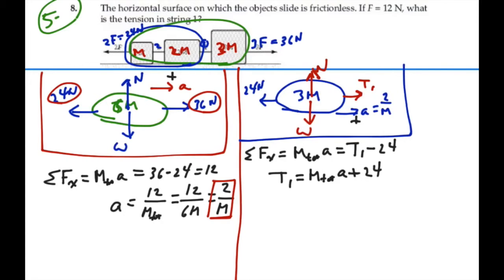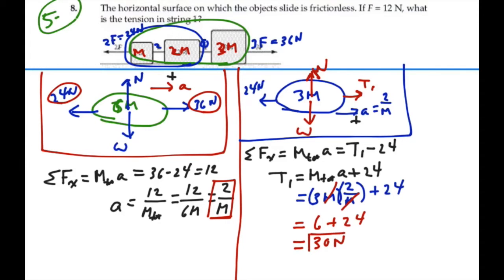Our total mass is 3m, and our acceleration is 2 divided by m, and then we have plus 24. In this case, the m's cancel out, so we didn't have to know what the mass was. We end up with 3 times 2, so 6 plus 24, or 30 newtons. So that is the tension in cord number 1, 30 newtons.